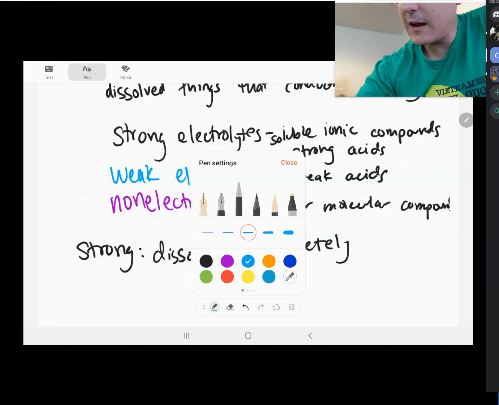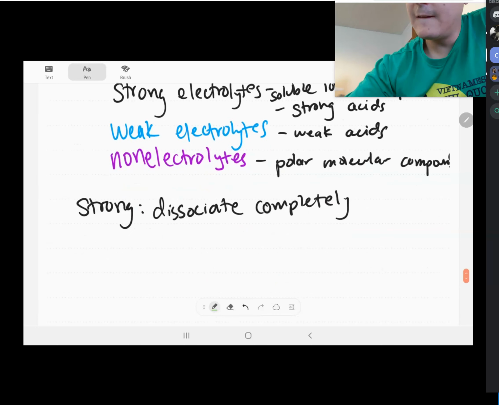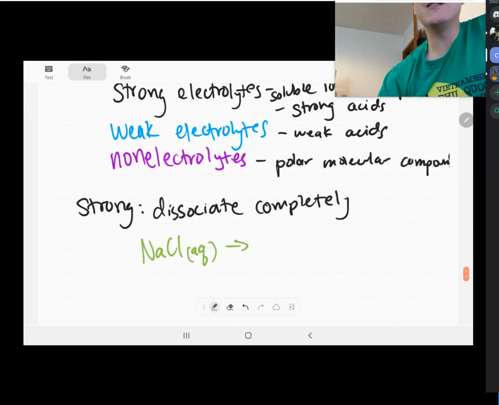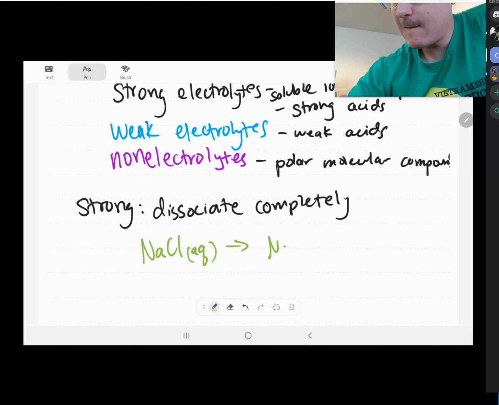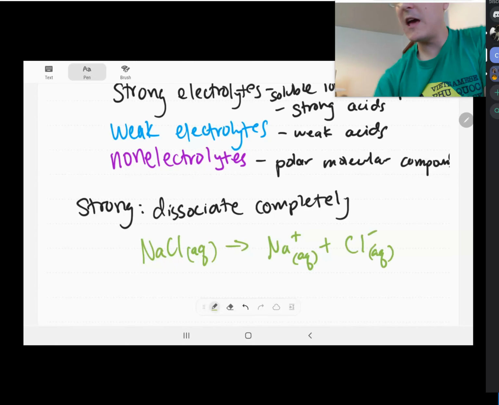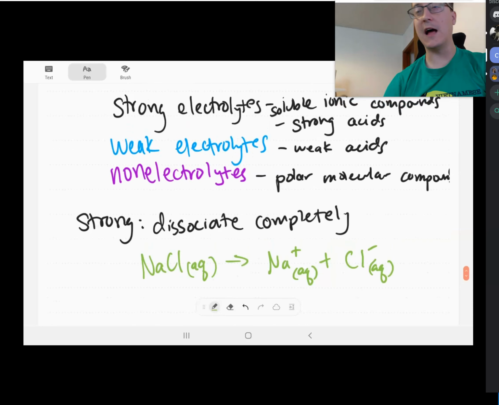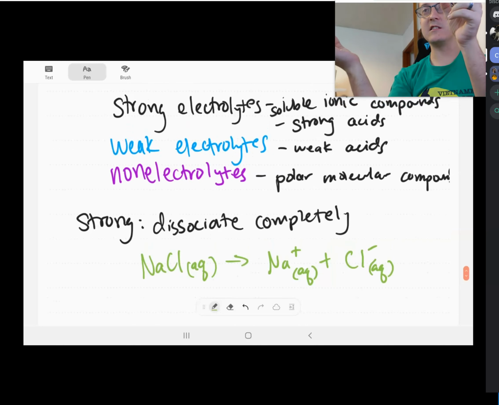So if we write out, let's do green, this really means that we have actually sodium ions and chloride ions that are dissolved. So sodium chloride, because it is a soluble ionic compound, will split apart completely in solution.